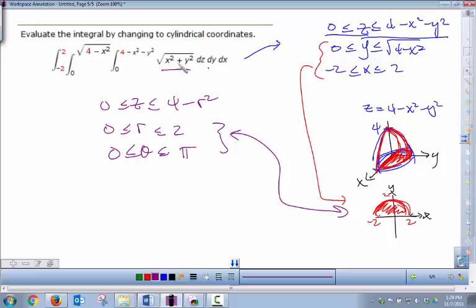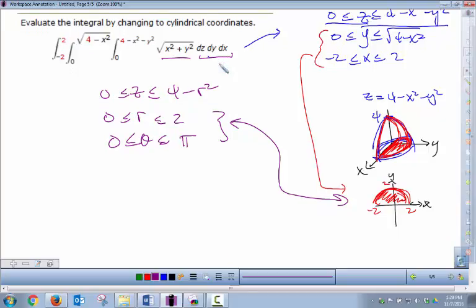Okay? The only other thing to worry about is the integrand. It's just the square root of x squared plus y squared, which is r. And then the dz, dy, dx translates to r dz dr d theta. So now we can write our integral. The r comes from here, and then another r is going to come with the differential.